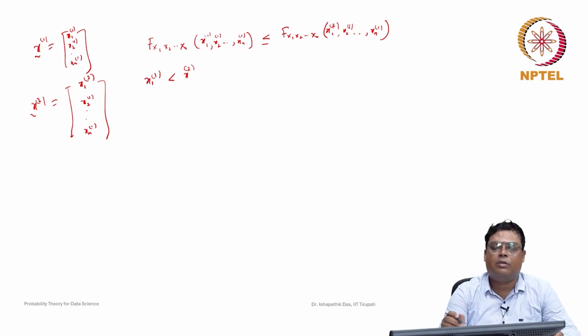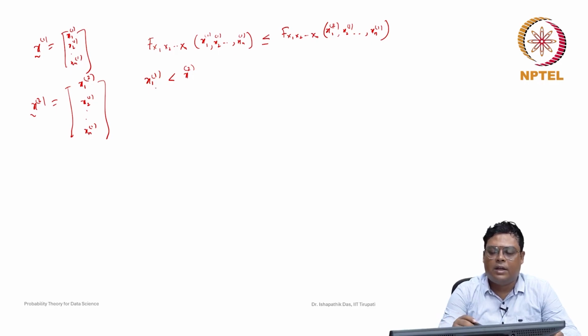Coordinate-wise we can say this, because in R^n we cannot order, we do not have a proper order. But if we fix some of the coordinates, then it is just an order between one value, that is, in R. So there is an order. So we can say if x1 is less than x2, then f of x1 is less than or equal to f of x2. So this is non-decreasing in every coordinate.